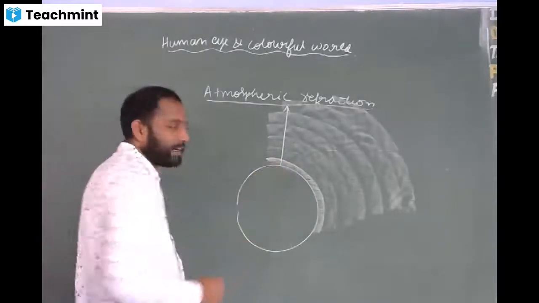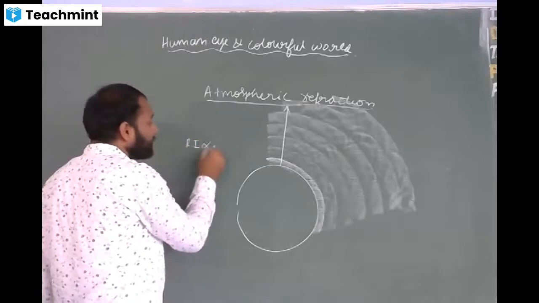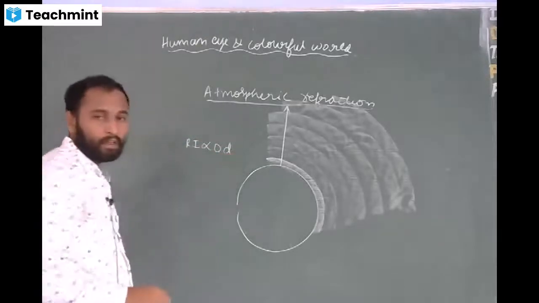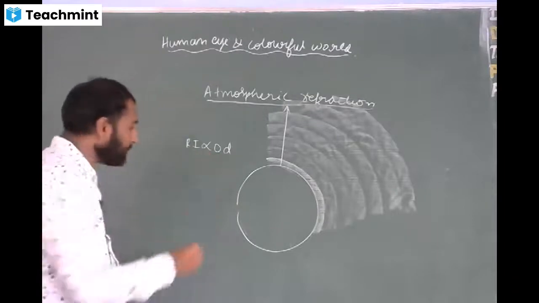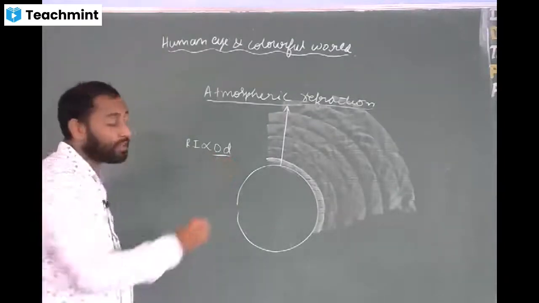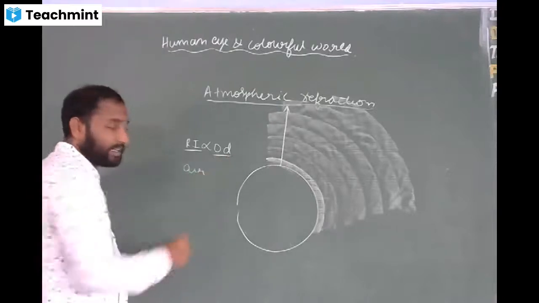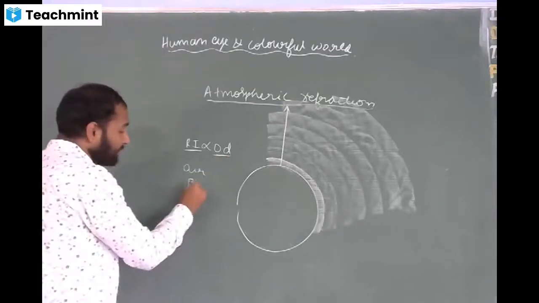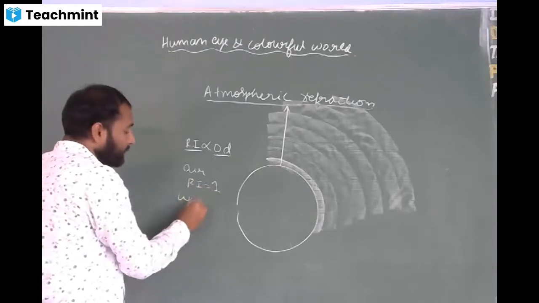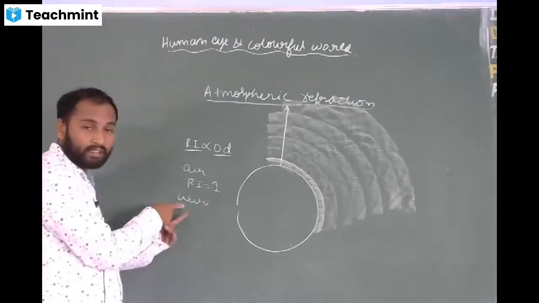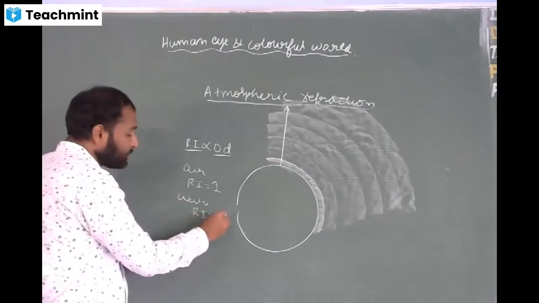Cold air will have more density. We know refractive index is directly proportional to optical density. If optical density is more, refractive index will be more. Consider air, optical density is less, so the refractive index of air is 1. Water's optical density is more compared to air, so its refractive index is 1.33.